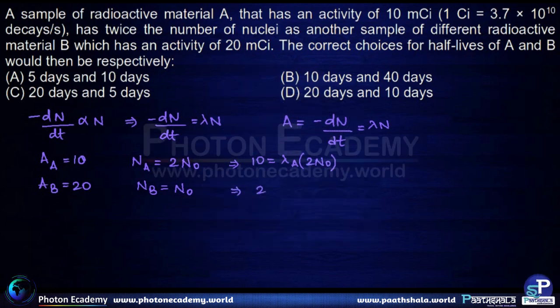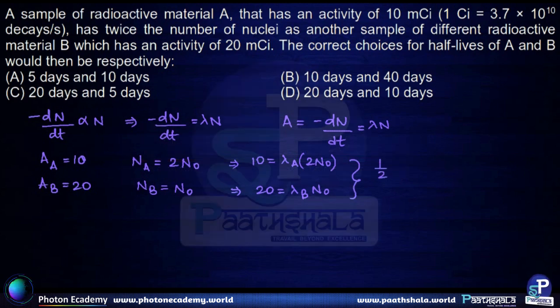Similarly, 20 equals lambda B into N0, where lambda A and lambda B are the decay constants of material A and B. So these two equations give half equals 2 lambda A upon lambda B. So lambda B equals 4 lambda A.